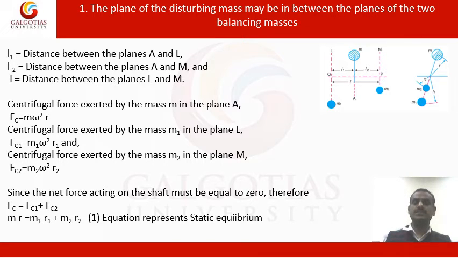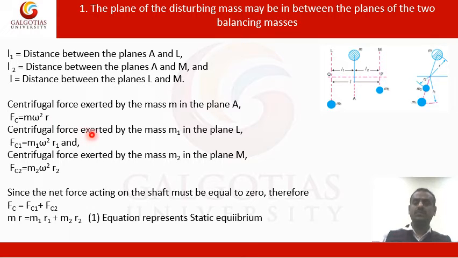The plane of the disturbing mass may be in between the planes of the two balancing masses. Let L1 be the distance between the planes A and L, and L2 the distance between the planes A and M. Then L is the distance between the planes L and M. The centrifugal force exerted by the mass m in the plane A, that is the centrifugal force of the disturbing mass, Fc equal to m omega square r.